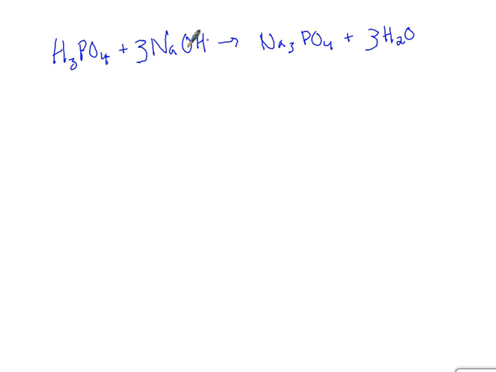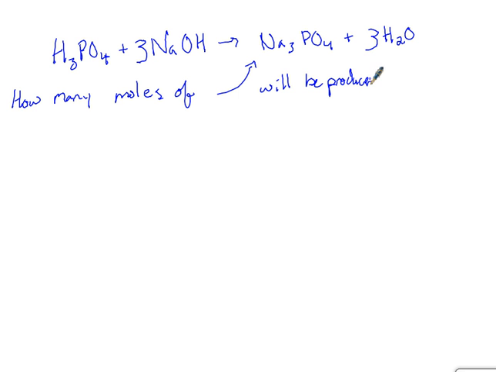Okay, so the question might state, how many moles of sodium phosphate, just draw an arrow, will be produced when you mix, if you add in 1.75 moles of phosphoric acid and 5 moles of sodium hydroxide.